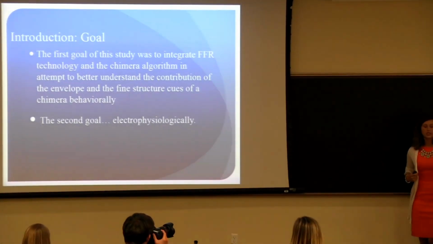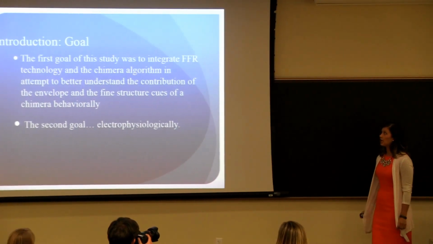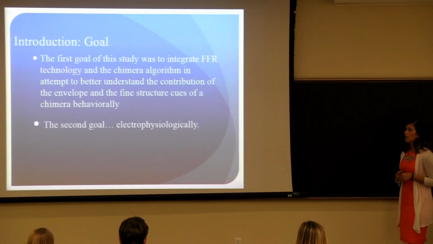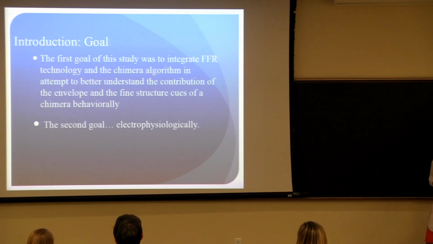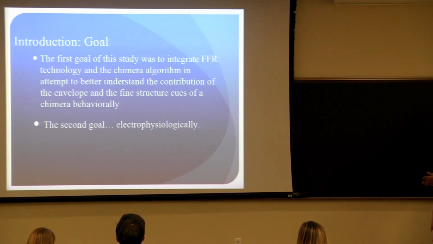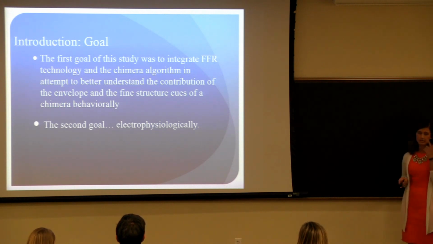Information collected from the study could potentially provide insight on how those envelope and fine structure cues are processed at subcortical levels, as well as help in the design of speech processing for individuals who receive cochlear implants or hearing aids.